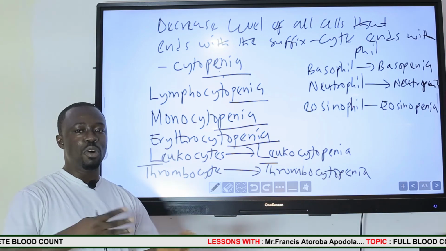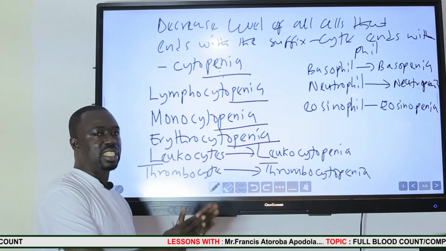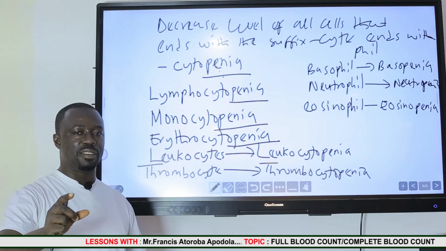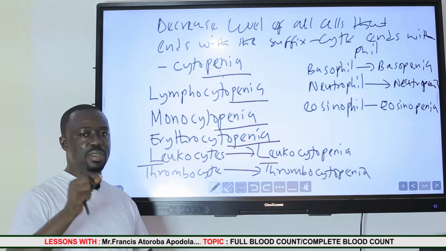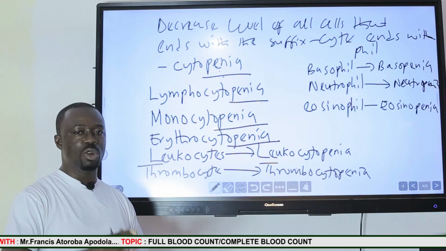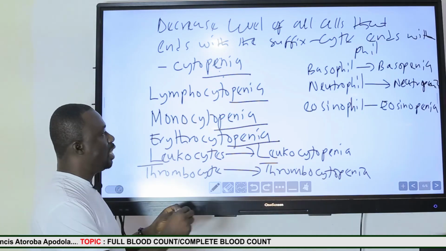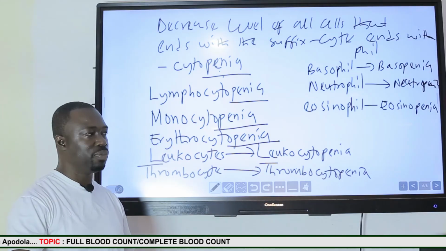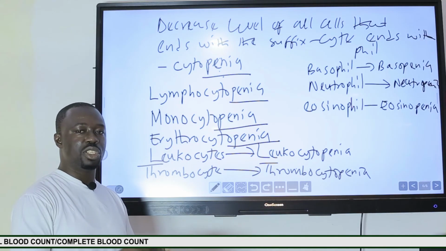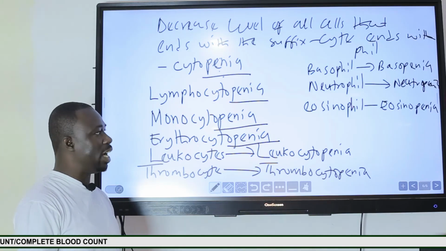So supposing that we take a patient's full blood count and the WBC count is elevated, instead of saying high WBC, I will be indicating leukocytosis. So I will say that the patient has leukocytosis. Or if the WBC count is low, I will be saying leukocytopenia or leukopenia.